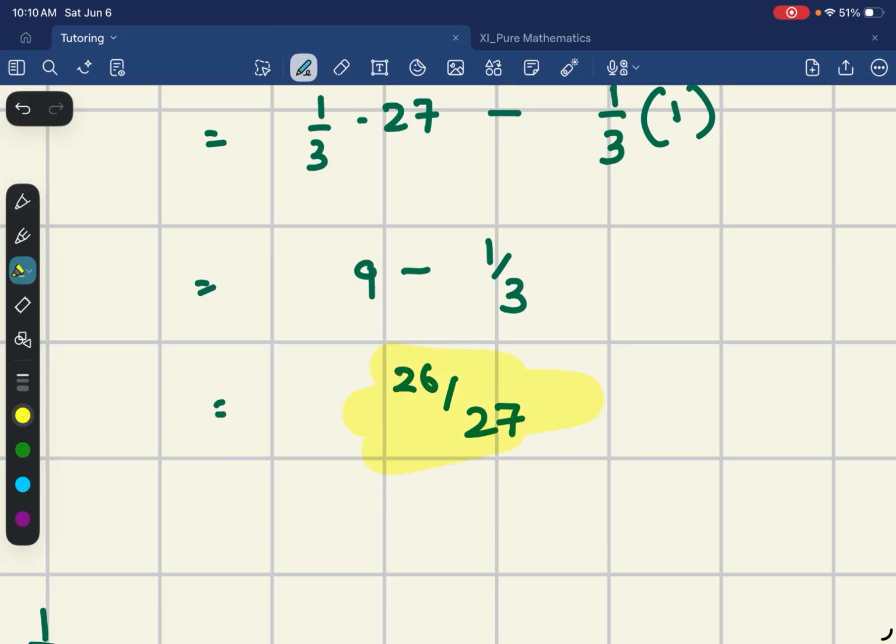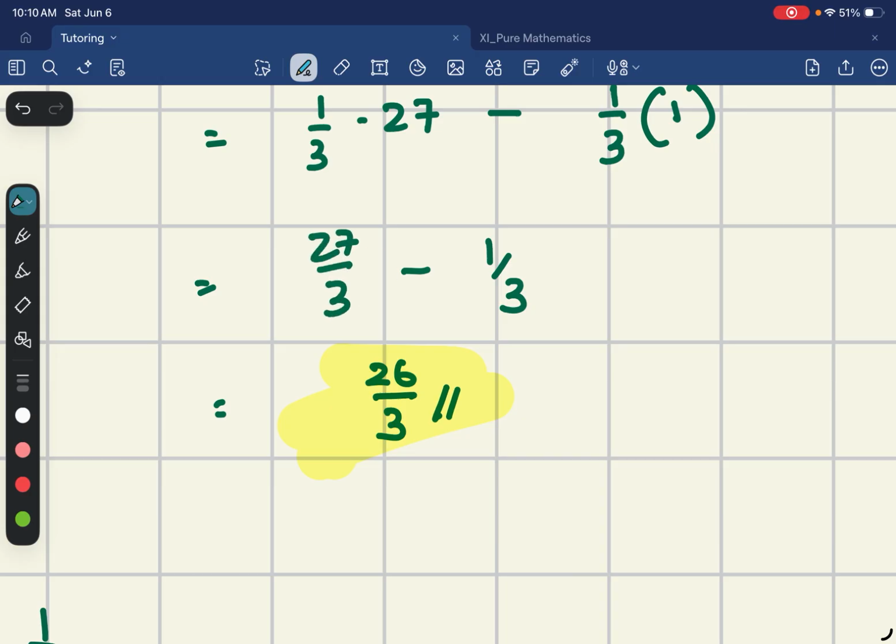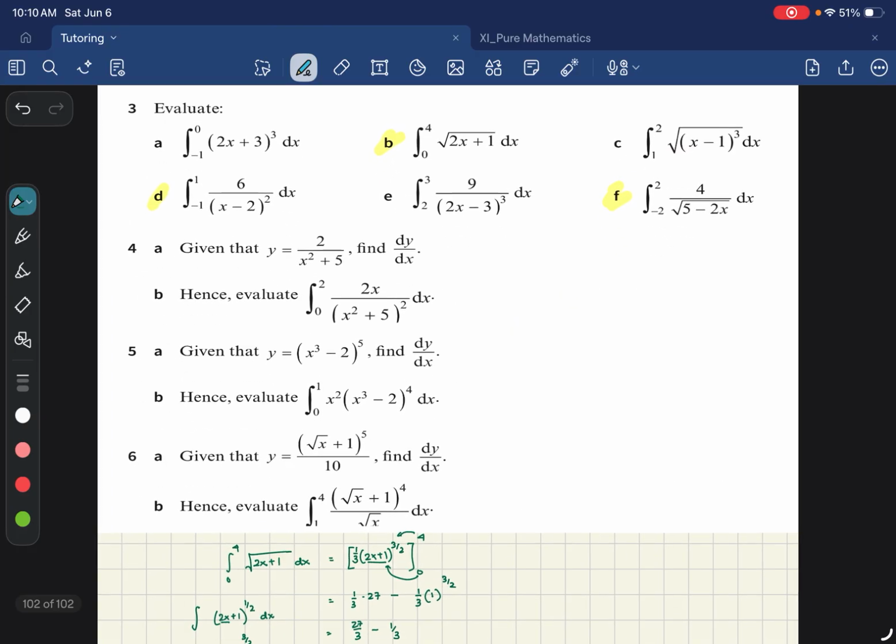Sorry, not 26 over 27, 26 over 3. That is your solution. Because 9 minus 1 over 3, because 9 is just 27 over 3. So 27 minus 1 is 26 over 3. That is your solution to B.